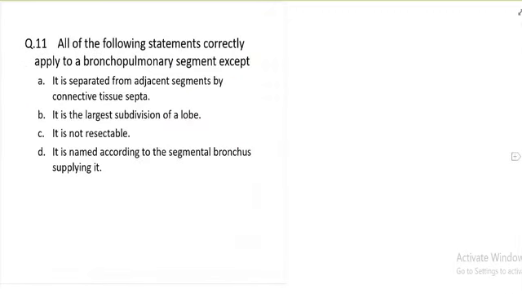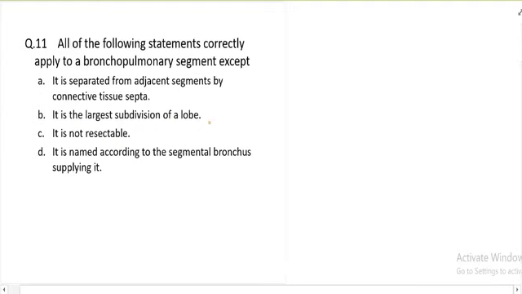Next question. All of the following statements correctly apply to bronchopulmonary segment. So it is asking about the characteristic features of the bronchopulmonary segment. Only one of the following is not a feature. First, it is separated from adjacent segments by connective tissue septa. Yes, it is a pyramidal shaped space which is separated by connective tissue septa. That is correct. It is the largest subdivision of a lobe.